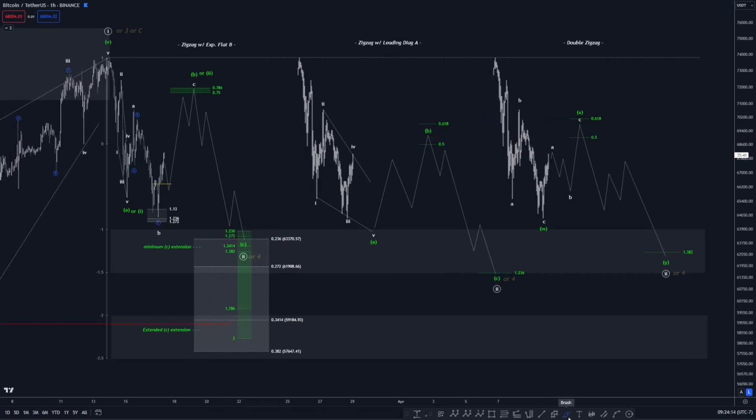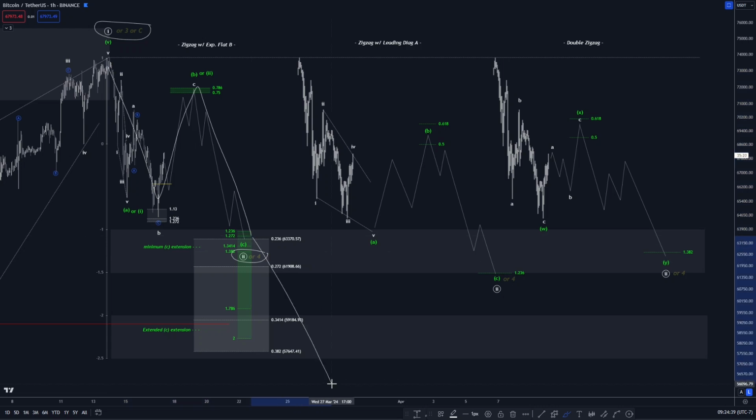Now, although it's still uncertain, we have wave degree confluence. Why? Because these are stacked impulses. And these are stacked corrections, meaning it's a 1 or 3 or C. And then it's a 2 or 4. So we can play off of this internally, meaning internally we're going to get this minimally.